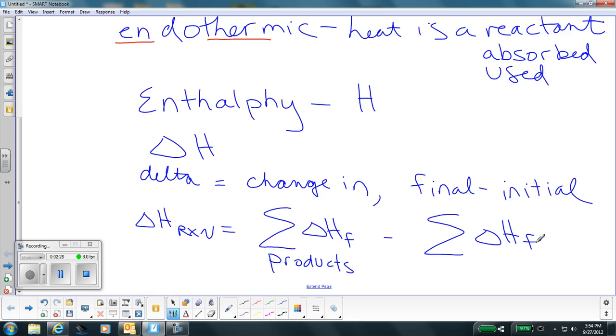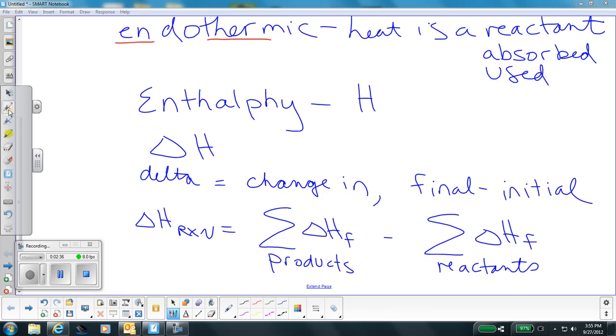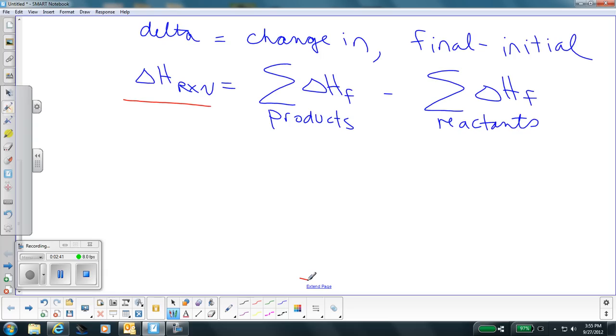That's right, the reactants. So here we see the change in enthalpy. The change in enthalpy of the reaction is the final conditions minus the initial conditions. And heats of formation are found in an appendix in your book.